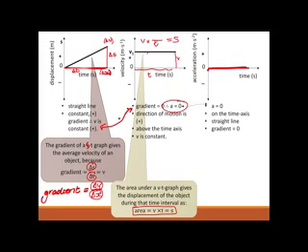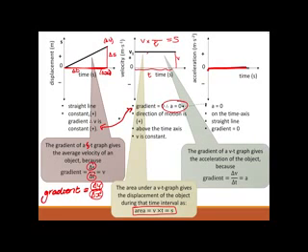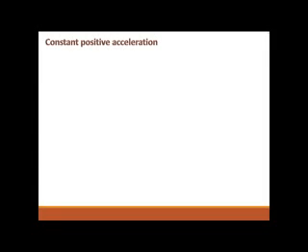There you go, v times t. That's nice and easy. The gradient is acceleration. Here, that gradient happens to be 0 because there's no change in velocity. So that means that our gradient is 0, acceleration is 0. Gradient, change in y over change in x, gives us acceleration.